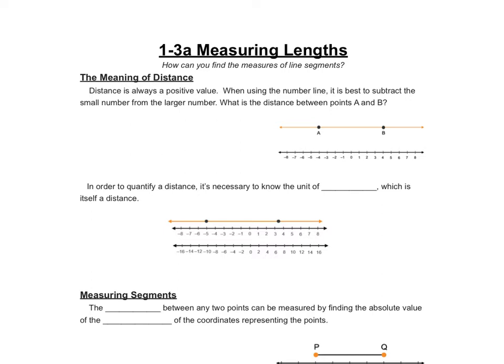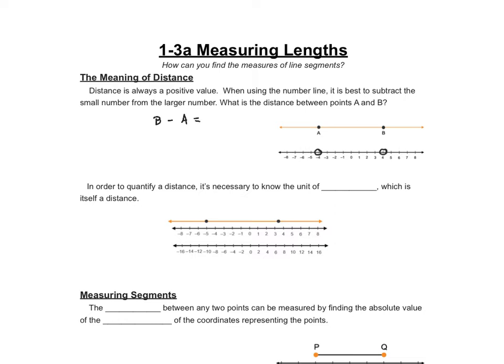And in dealing with distance, distance is always going to be a positive value. And when using the number line, it is best to subtract the smaller number from the larger number. Well, that's a word problem in and of itself. We want to take the large number, in this case 4, which is larger than negative 4, and then subtract the smaller number.